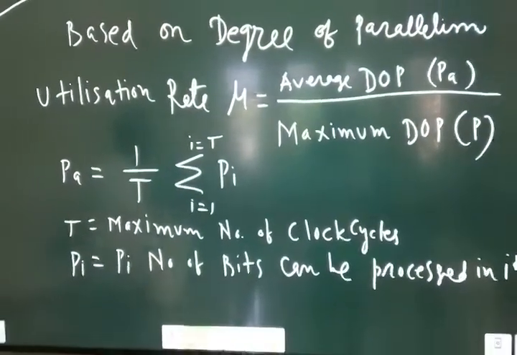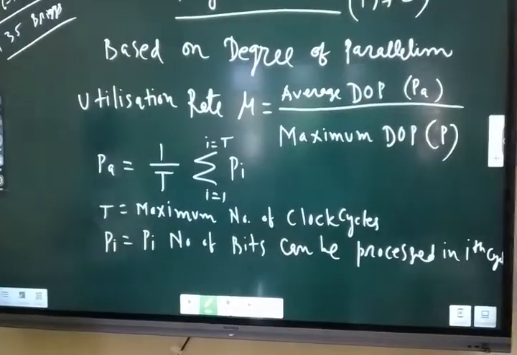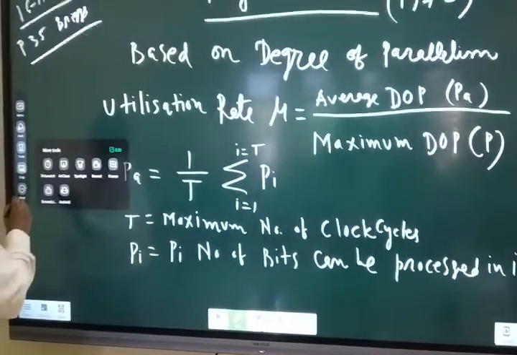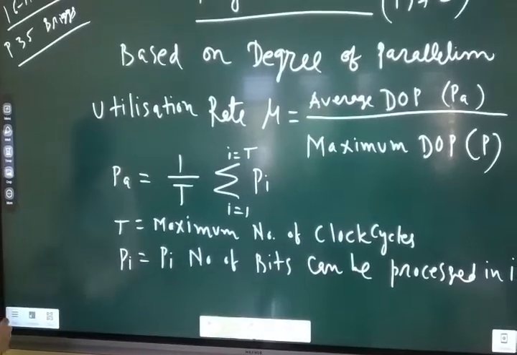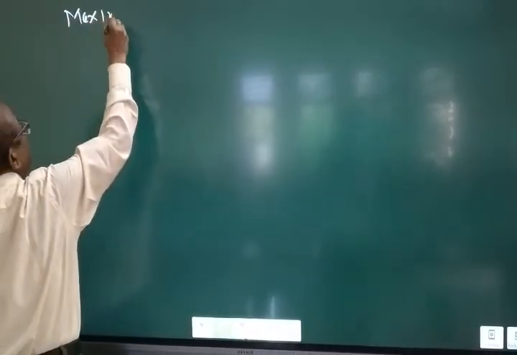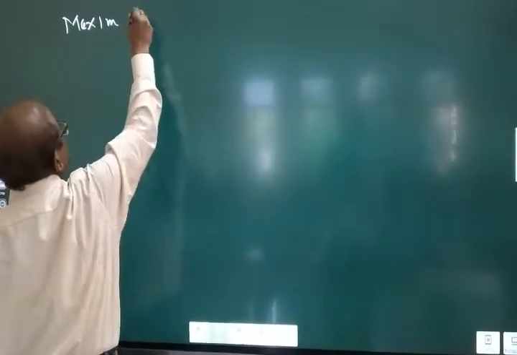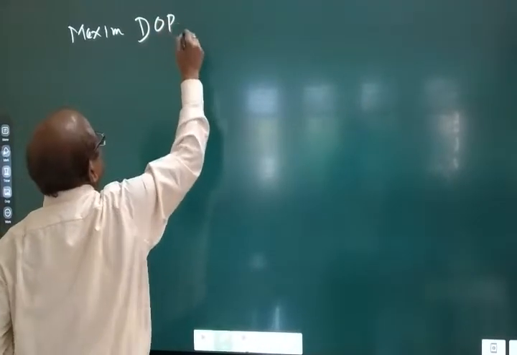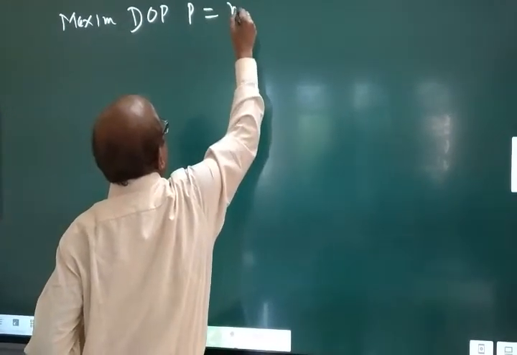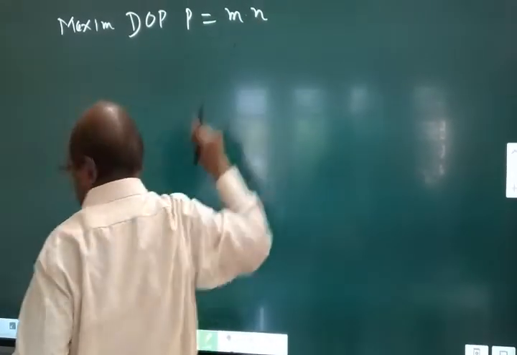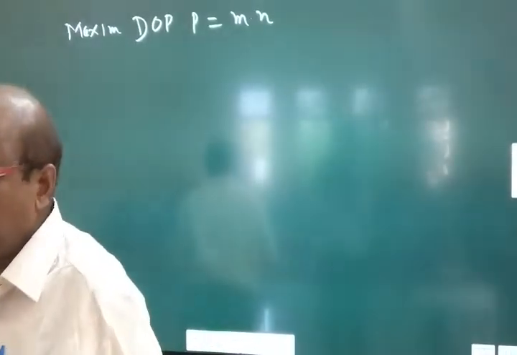Now what is P? Maximum degree of parallelism. P is given by the formula M times N. Now what is M and what is N?